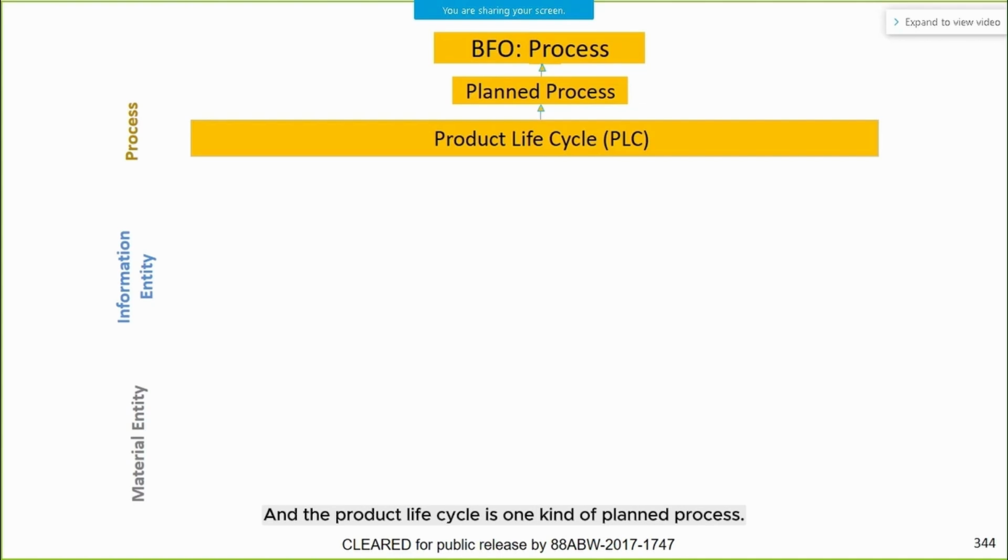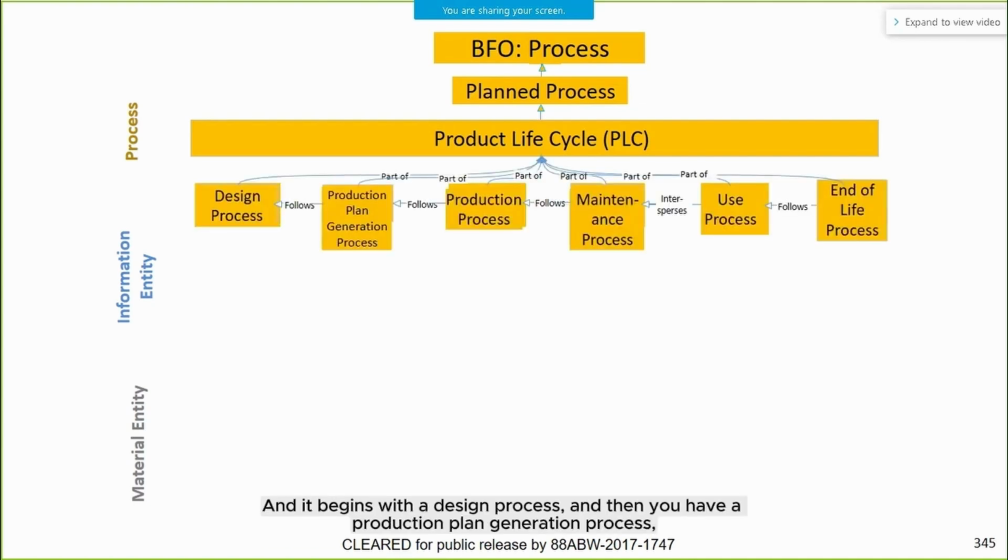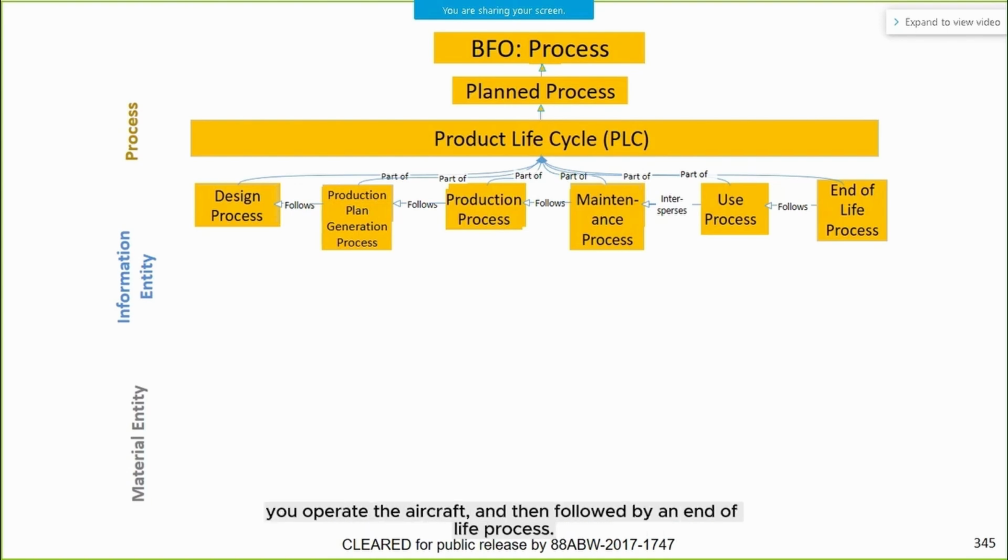And the product life cycle is one kind of planned process. And it begins with a design process, and then you have a production plan generation process, then a production process, then a maintenance process, interspersed with a use process when you operate the aircraft, and then followed by an end-of-life process. So we've seen all of this.